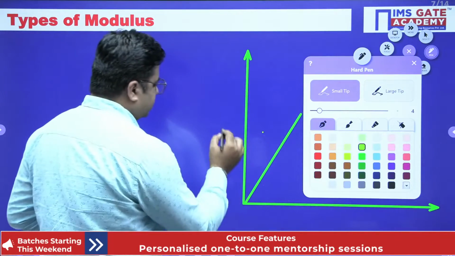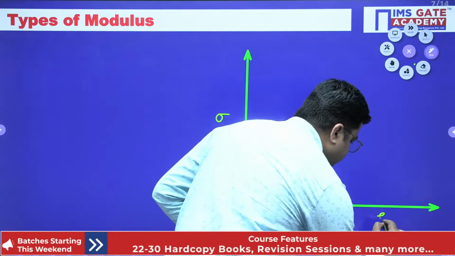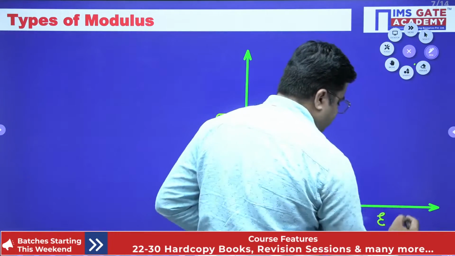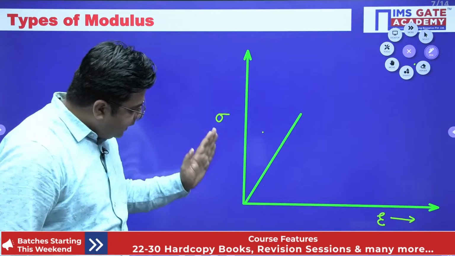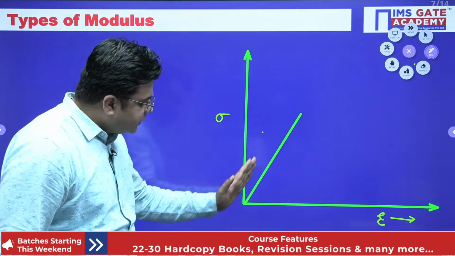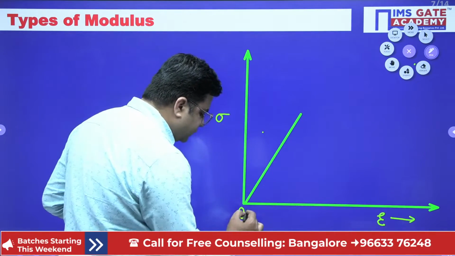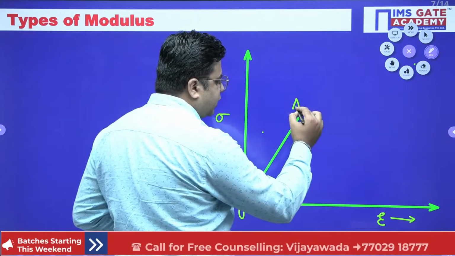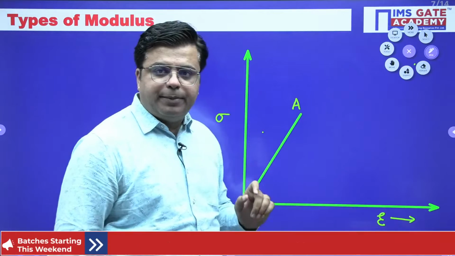Initially the stress is proportional to the strain, and this part of the curve is linear, and A is known as the proportionality limit.